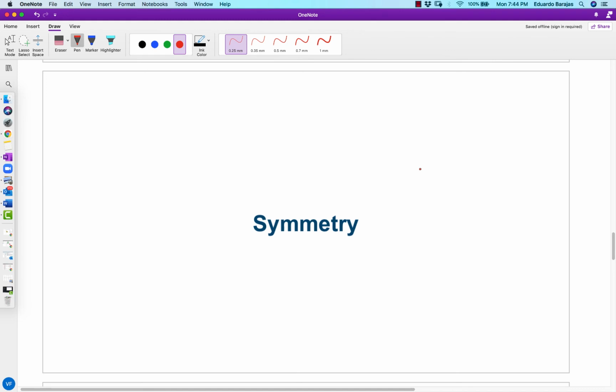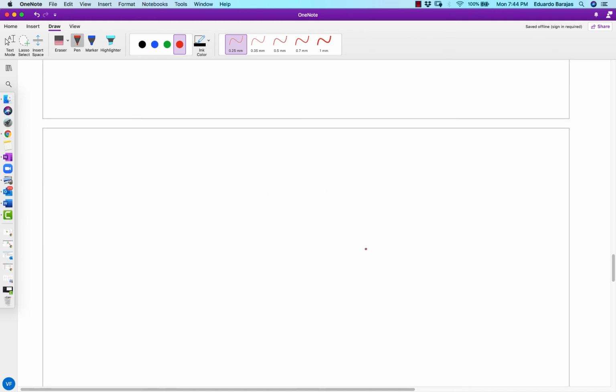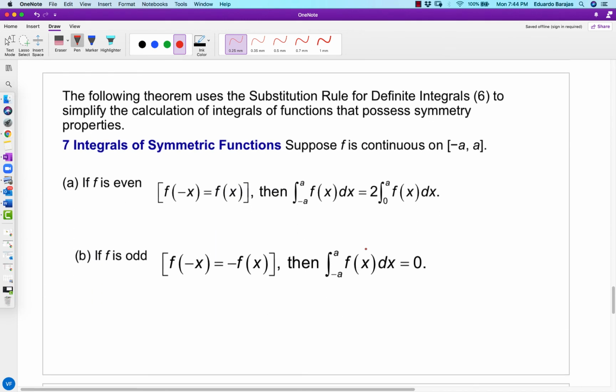Okay, now let's visit an issue of symmetry. The following theorem uses the substitution rule for definite integrals to simplify the calculations of integrals of functions that possess symmetry properties. Suppose f is continuous on negative a to a. If f is an even function, that means that f of negative x equals f of x.